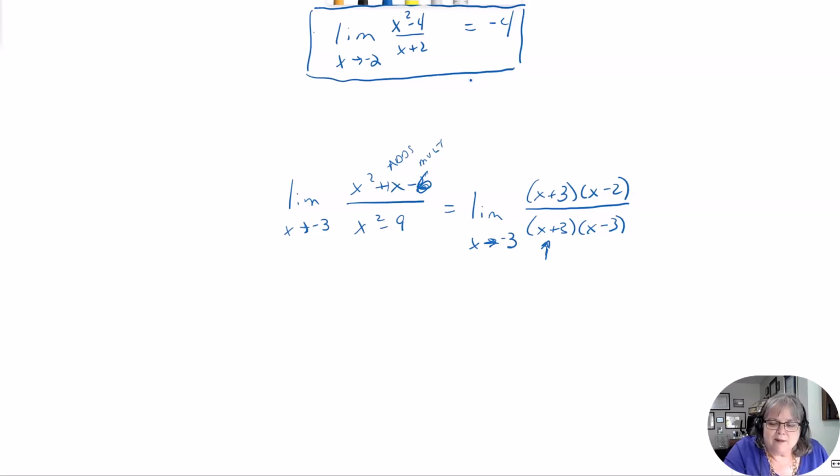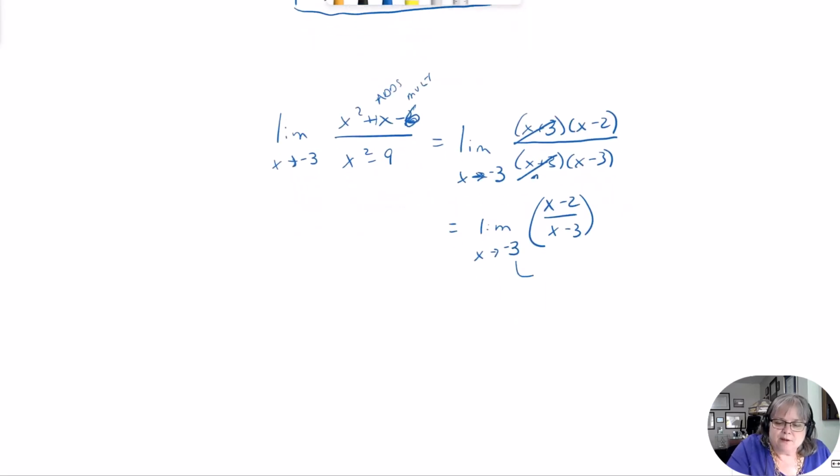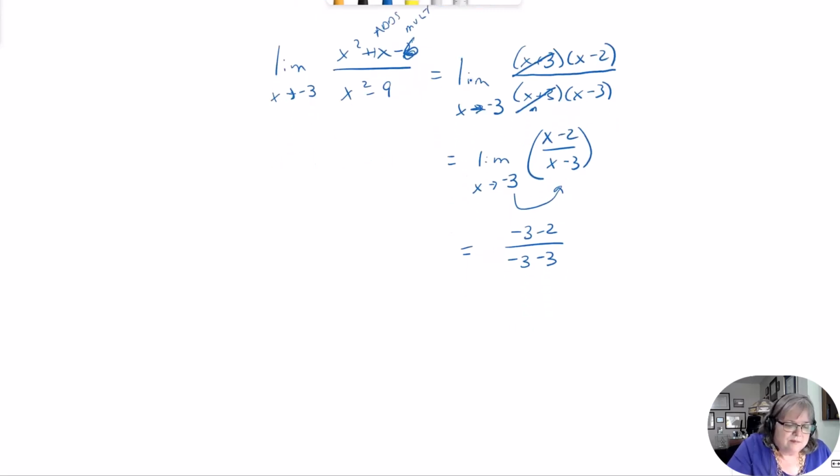This x plus 3 is going to cancel out with this x plus 3, so that removes the problem area. And now you can substitute in the negative 3. So you reduce it, and you'd have negative 5 over negative 6, so you'd have 5 sixths.